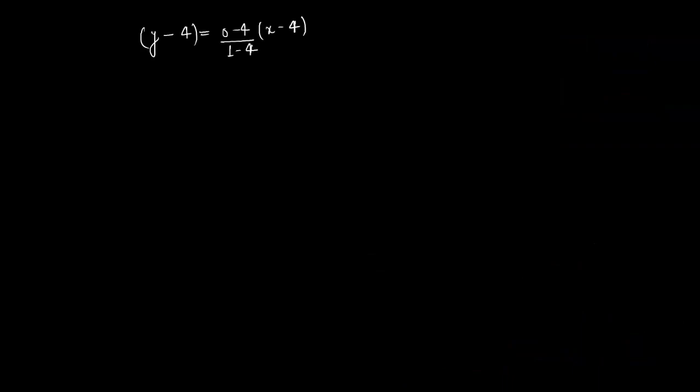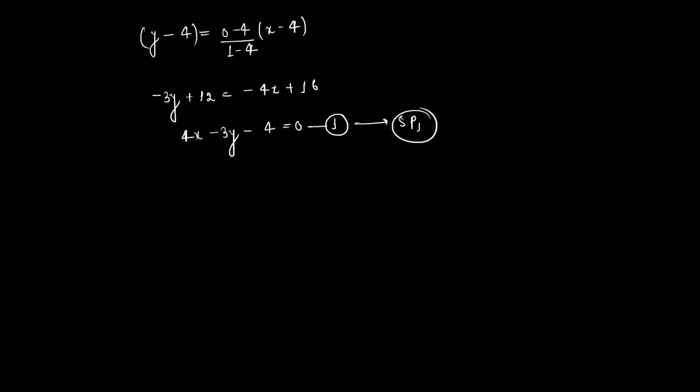Okay, so after simplifying this equation, we will have minus 3y plus 12 is equal to minus 4x plus 16. Fine. So 4x minus 3y minus 4 is equal to 0. This is the equation of SP1.